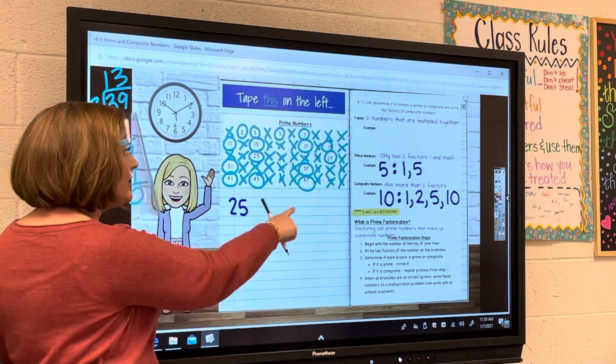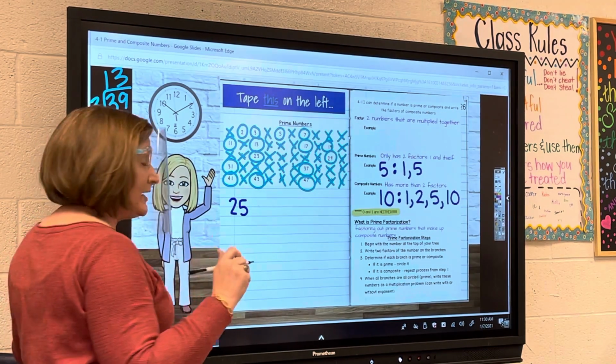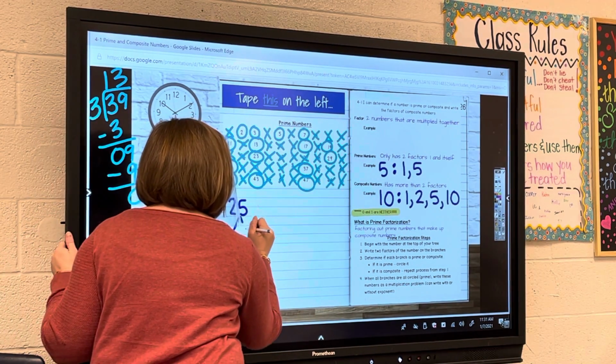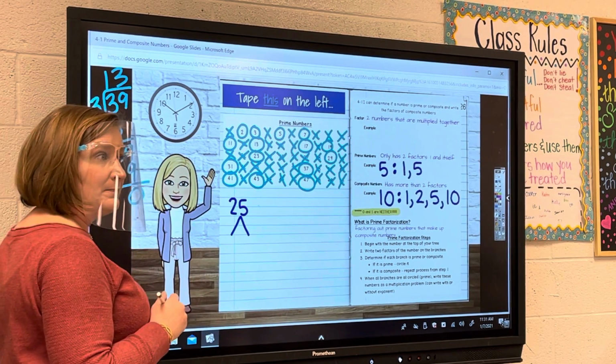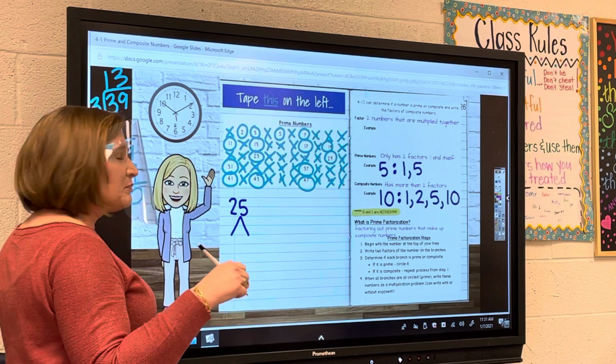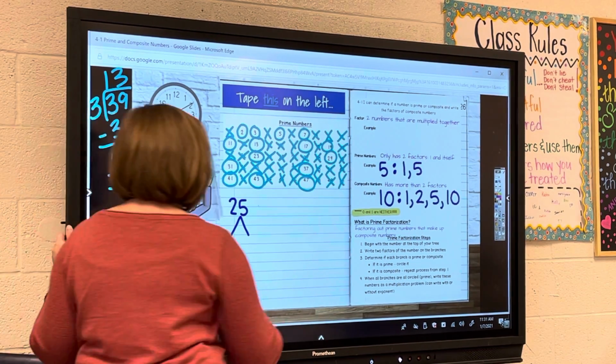We put the number at the top of our tree. Okay, we're going to call this our tree. Then we're going to make 2 branches. Looks like an upside down V. What times what besides 1 will give us 25? 5 times 5.